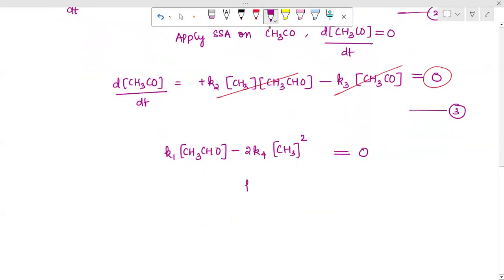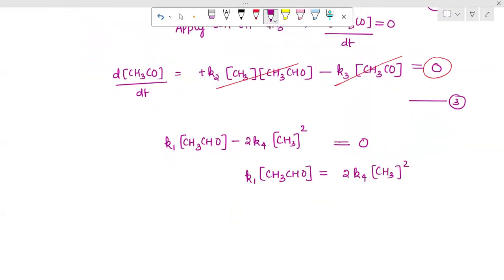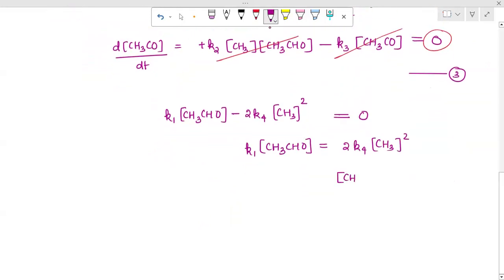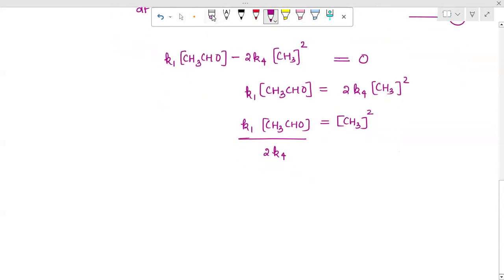We can rearrange this: K1[CH3CHO] is equal to 2 times K4[CH3]^2. So [CH3]^2 is going to be K1[CH3CHO] divided by 2K4. If I want the value of CH3, I'll take the root on both sides, so the whole to the power 1 by 2. So this is my expression of CH3. I'll take it as equation number 4.